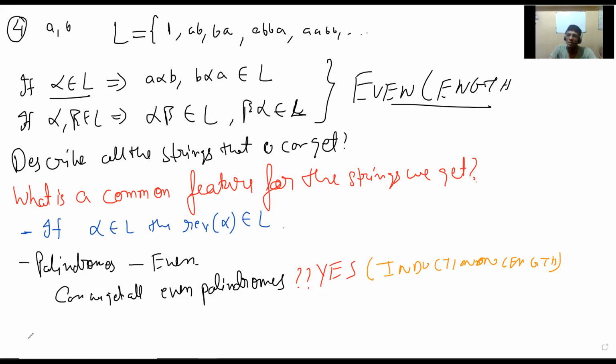And so another feature which you can see, which is a generalization of palindrome here, and you can see it from the pattern, is that there will always be an equal number of A's and B's, right? So L is a subset of strings with equal number of A's and B's.